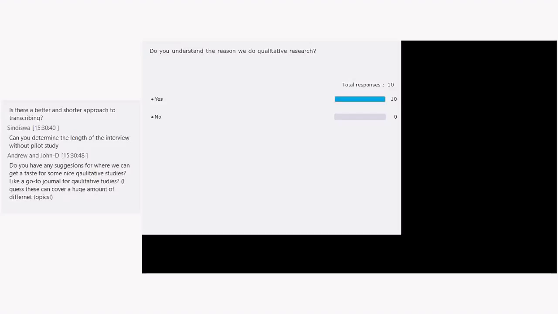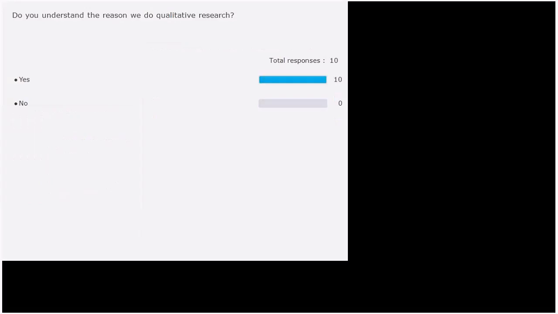Is there a better and shorter approach to transcribing? I wish that there was. It's especially difficult when the interview takes place in the language of the participant that may not be your own language or may not be English, because then you have to get a translator to translate that into English for you.